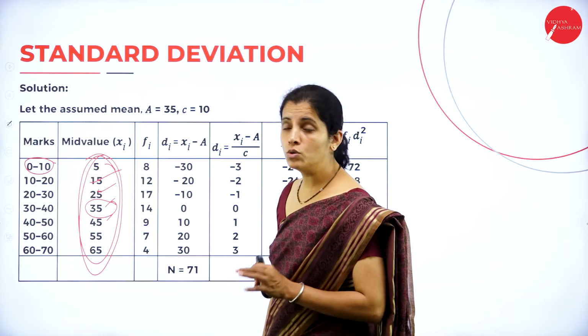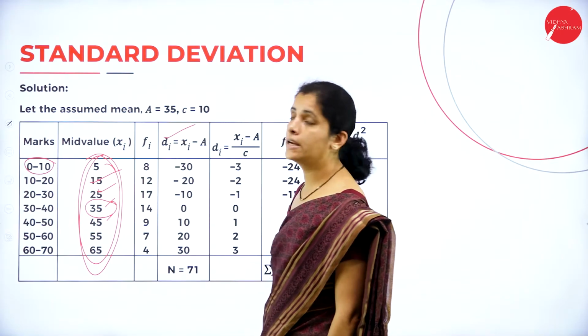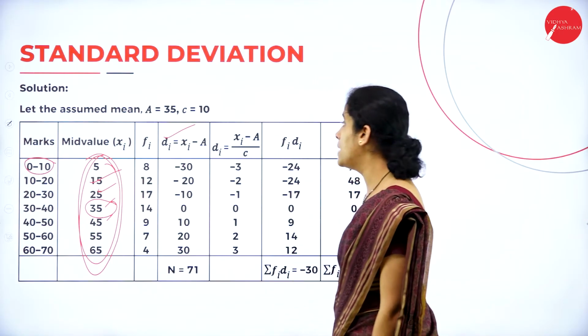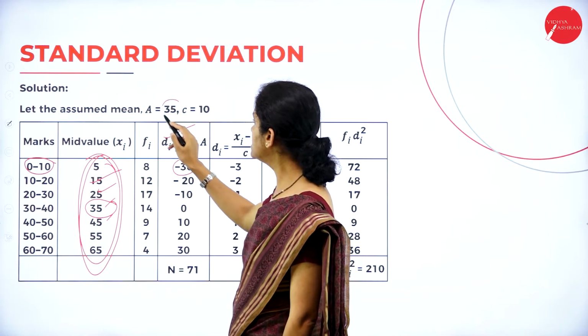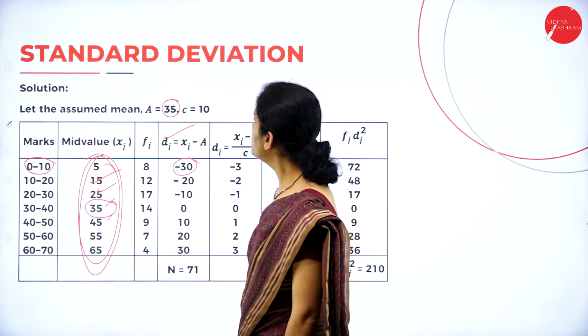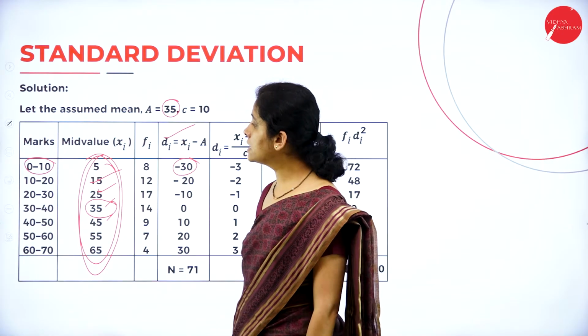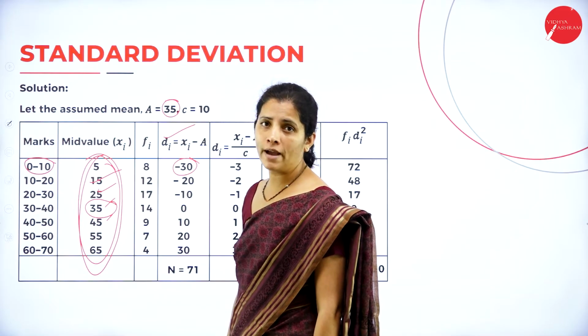Now, I want to find di. di equals xi minus A. Here, what is A? A is nothing but 35. And what is c? c is the common factor.